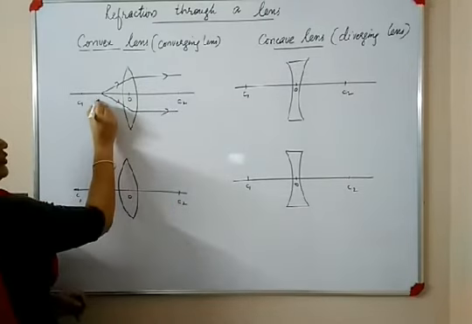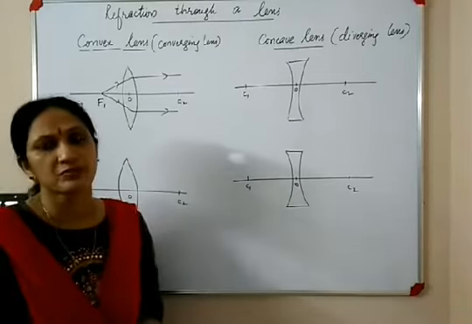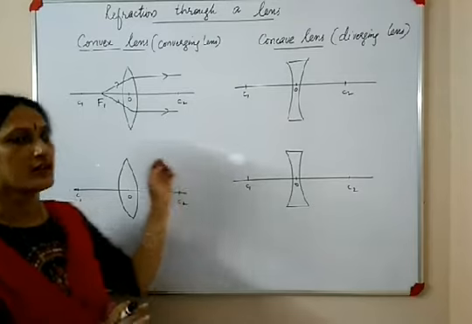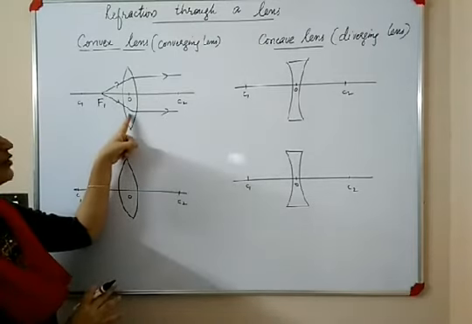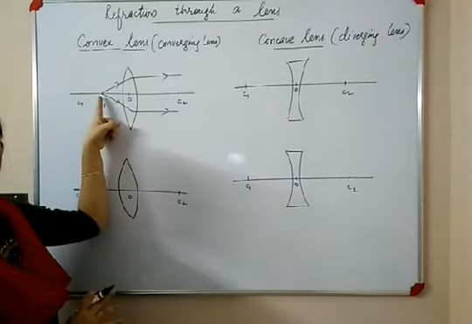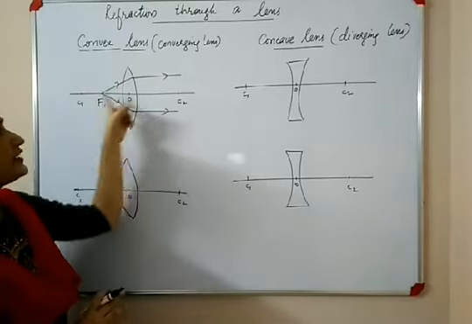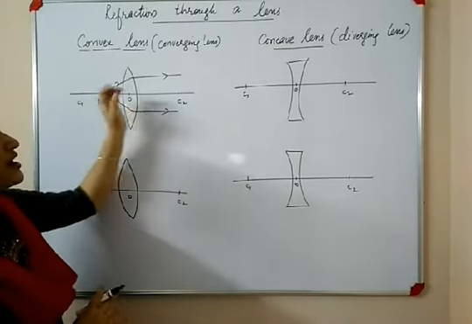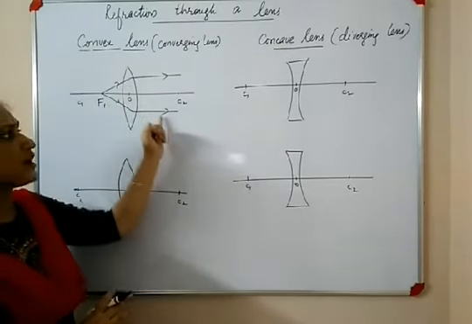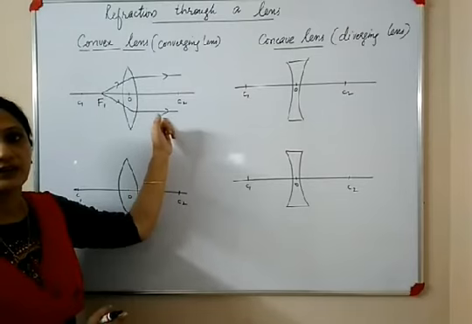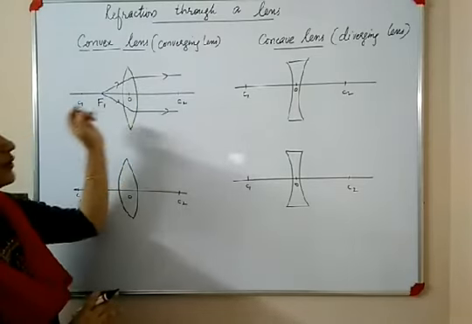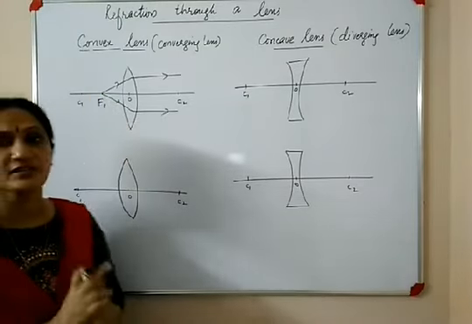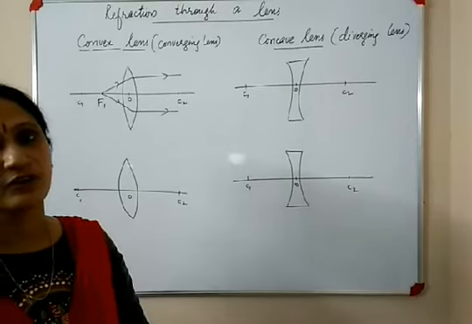That particular point we call the first principal focus of the convex lens, and its symbol is capital F1. Once again, the first principal focus of a convex lens is a point from which the diverging light rays, after passing through the lens, come out parallel. These rays will come out parallel only if they originate from a specific point. That specific point is known as the first principal focus of the convex lens.